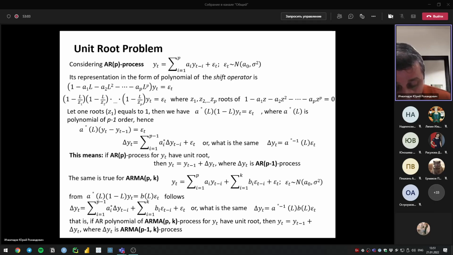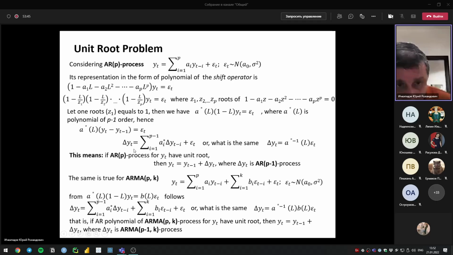And now, if we apply this difference, multiply it by this polynomial, and transfer the results of the polynomial to the right side, then we get that our AR(p) process having a unit root, where one of the roots of the characteristic equation is equal to 1, is in fact the same as an autoregression process of order p minus 1 on the first differences delta y.